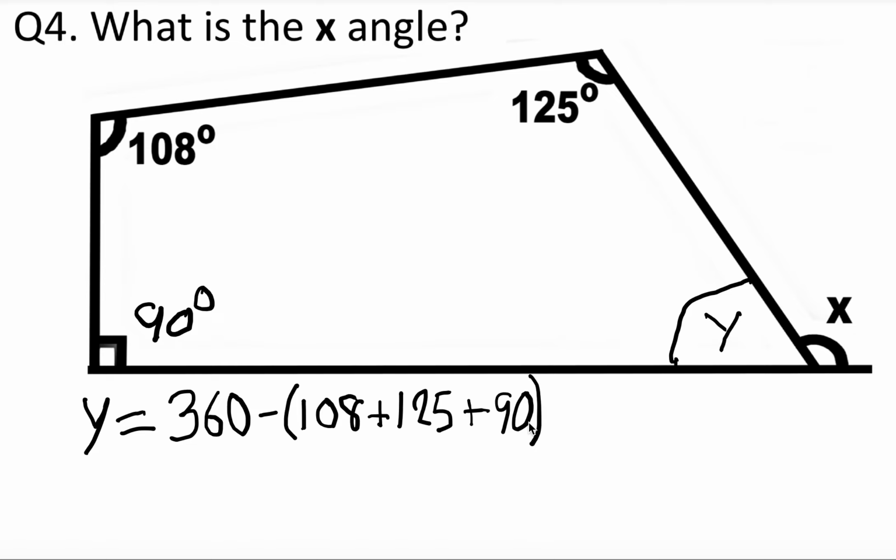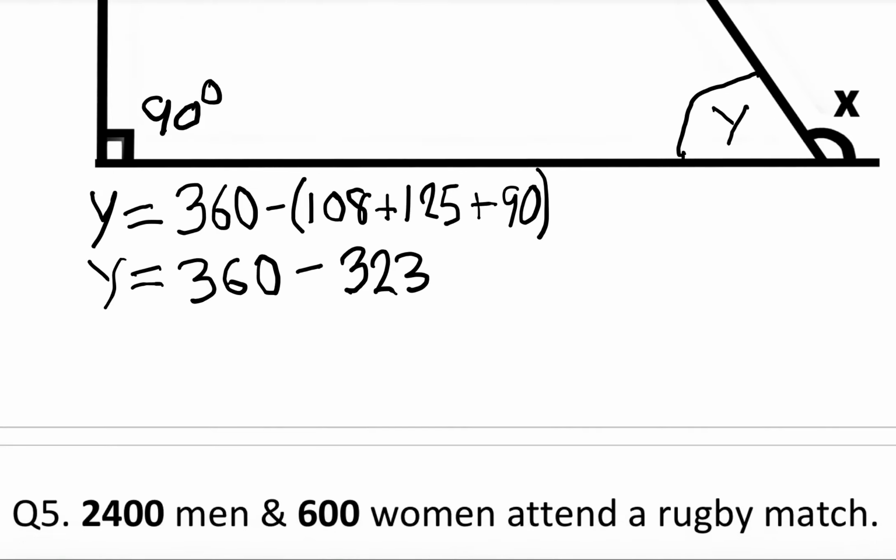Now, if we work that out, so y equals 360, minus, and I've added all those up. Sorry about my pen. That makes 323.